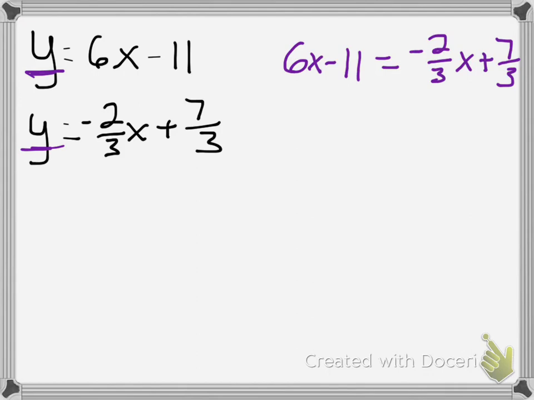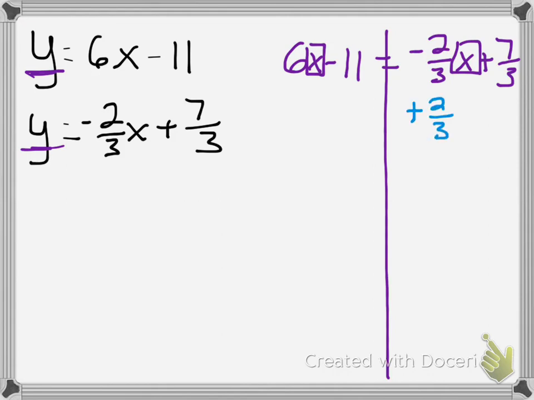Now, with that being said, now I can box and line it. Okay? I'm trying to figure out an x value. So let's begin. I'm going to take all my x's to the left, which in this case do the opposite. I'm going to add 2/3 x here. I'm going to add 2/3 x here.